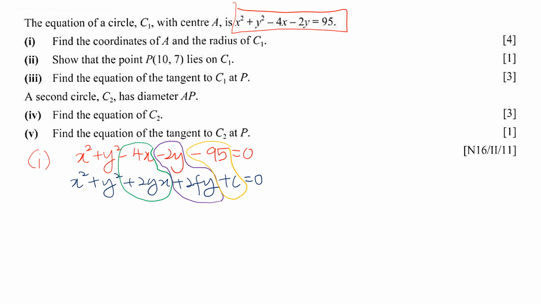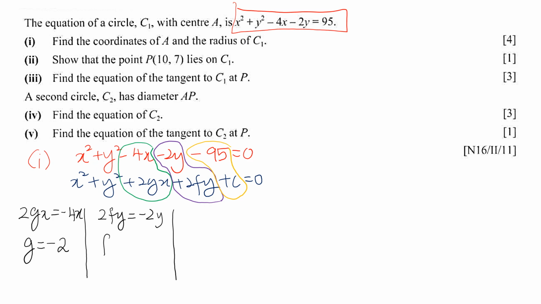Usually I advise my students to divide it into 3 columns. Let 2gx equal negative 4x, and from there I divide by 2x on both sides. I will get g equals negative 2. Then my 2fy equals negative 2y, and I divide by 2y on both sides.